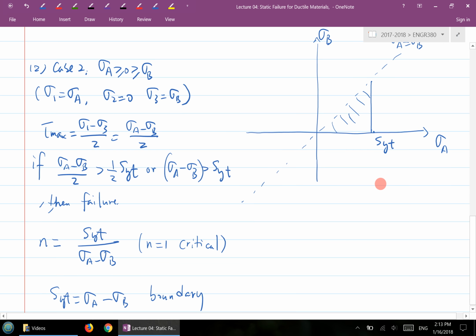This is essentially the xy plane, so this is like x minus y, your x-axis minus y-axis equal to a constant. That's a straight line, and it's pretty simple. It's basically a line connecting from here to here, and this is your negative SYT. So this line is your sigma A minus sigma B equal to SYT.